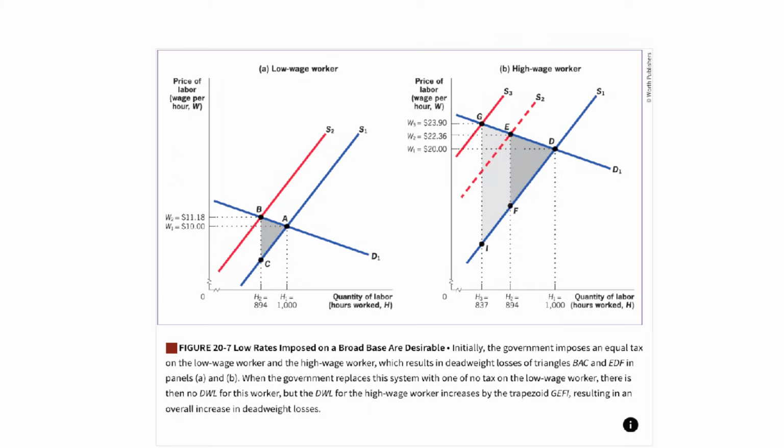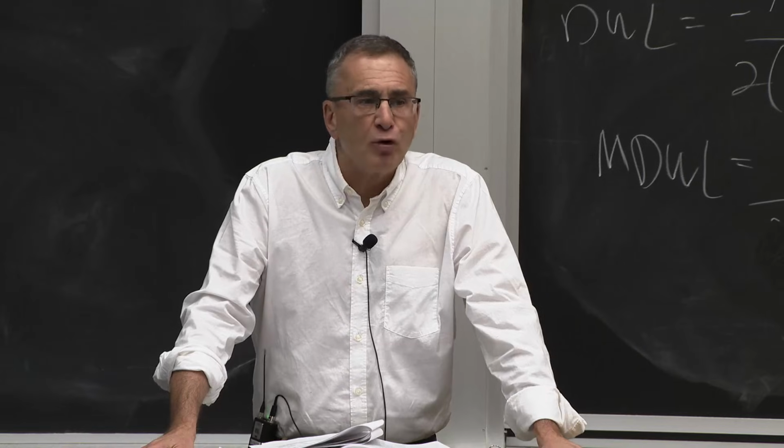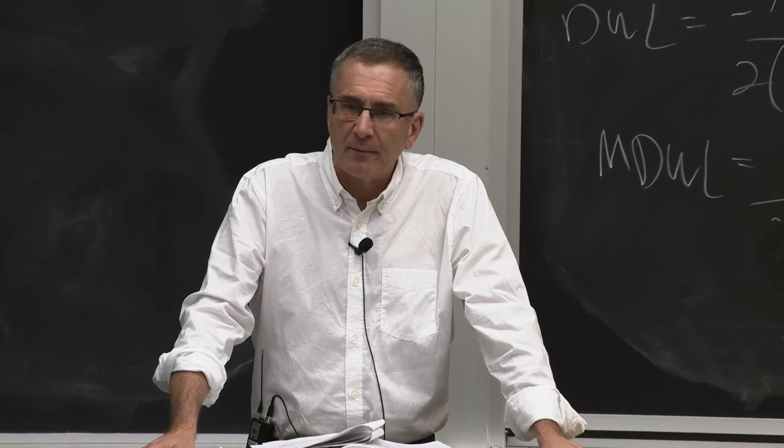So if you go back to the table, the last row, 0 deadweight loss for the low-wage worker, but now a $566 deadweight loss on the high-wage worker, meaning the total social deadweight loss is higher.